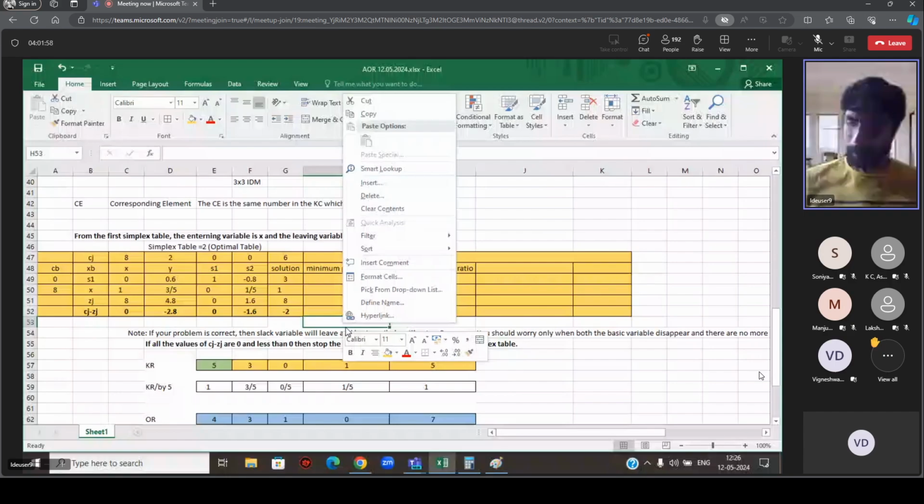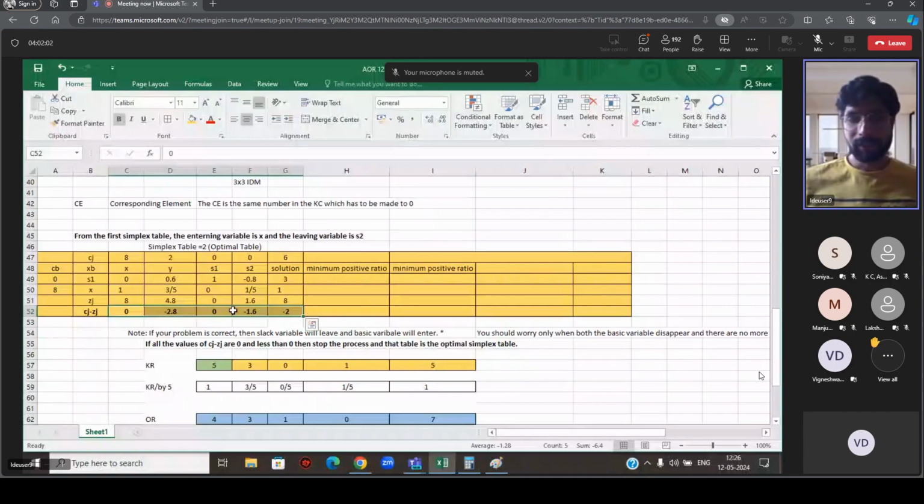Once the table is optimal, you see the variables here: X and S1, only 2 are there. For X, what is the corresponding solution? 1. There is no Y here. So when Y is not there, take Y as 0. Are you getting my point?